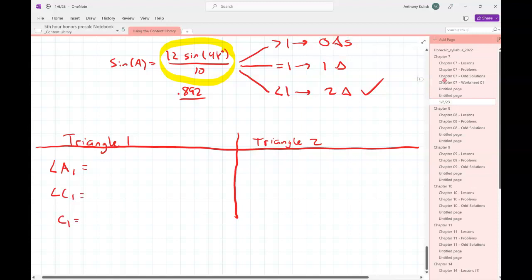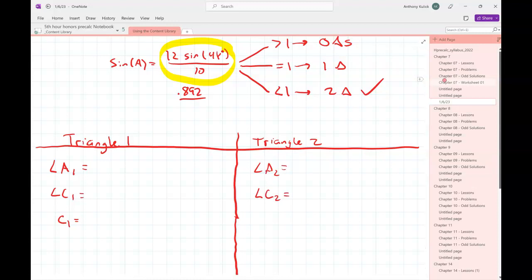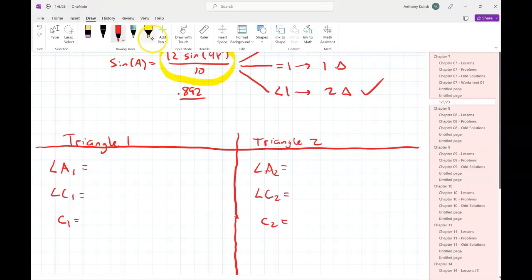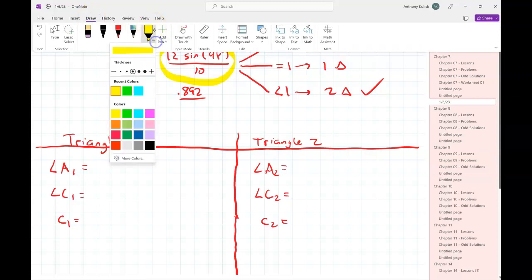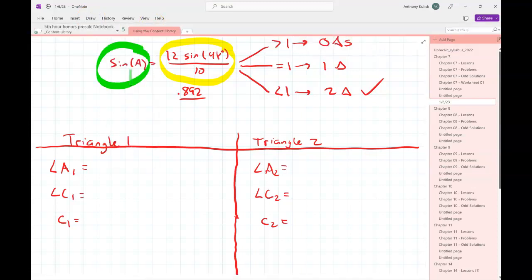Now, because I have to do that in each triangle, I'm going to add a subscript so I can differentiate my work from one triangle to the other. Everybody's cool with that? So I'm going to start triangle 1. And what I'm going to start with is just that equation.